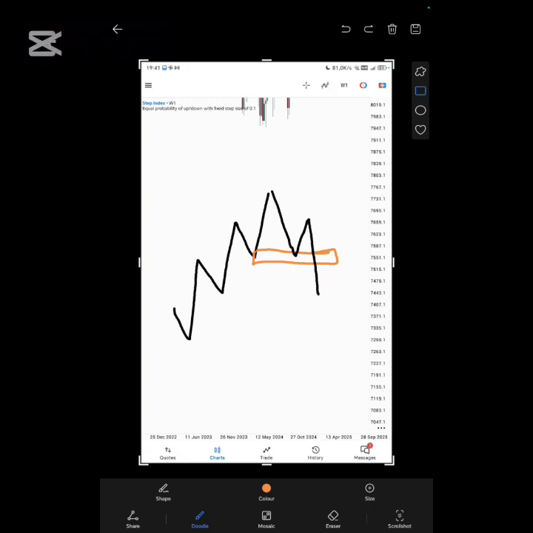So as you can see, we made another order block right over here, and we most likely have an order block here. What mostly can happen is that we're gonna come back, retest it, go down, then break, then down. I don't know if you understand what I mean.